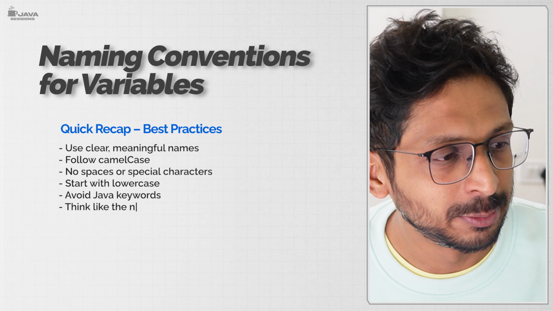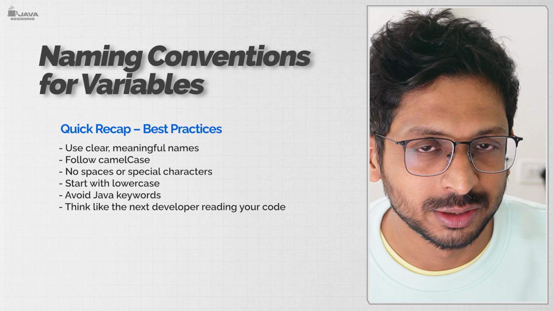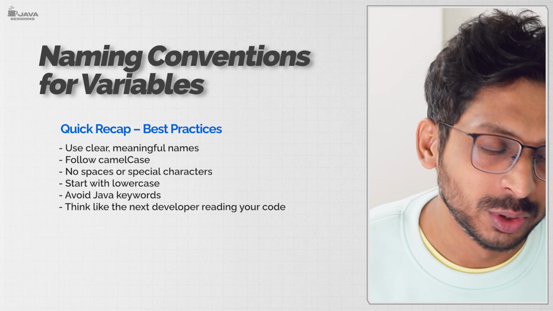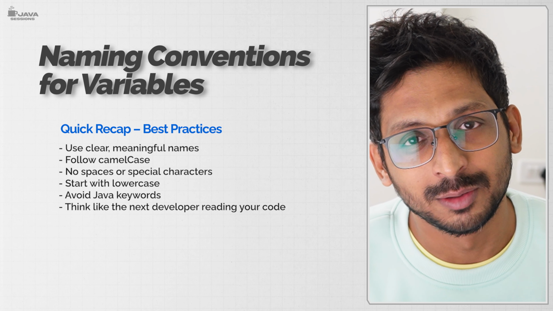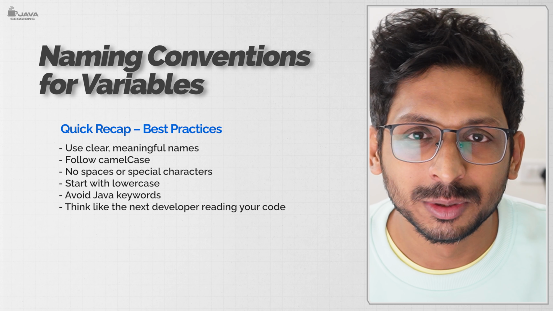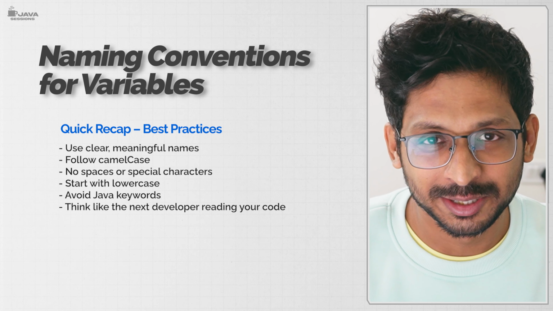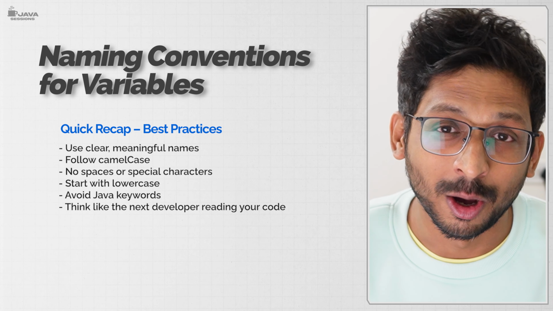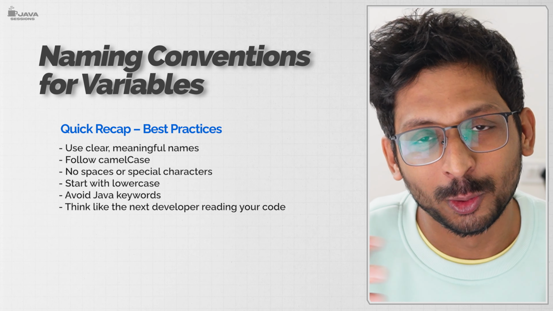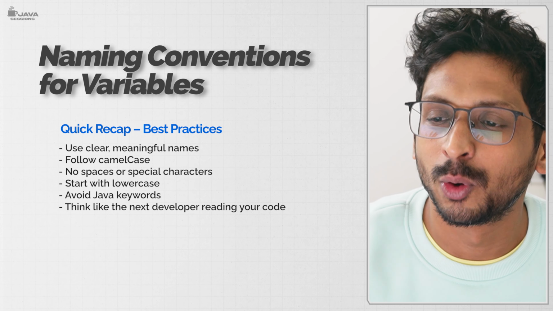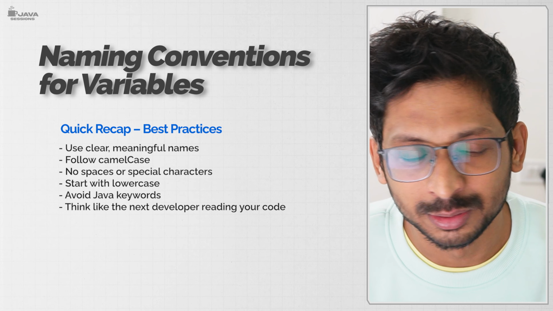Use camel case naming convention. Don't use special characters, or don't start your variable names with numbers. Always start with lowercase. Avoid reserved Java keywords, and keep the variable names short and clear. These practices are going to help you set a professional tone for how your Java code looks, and it also makes it easier for us as programmers to understand what is the purpose of that variable.